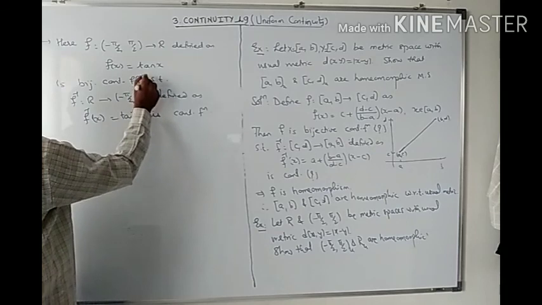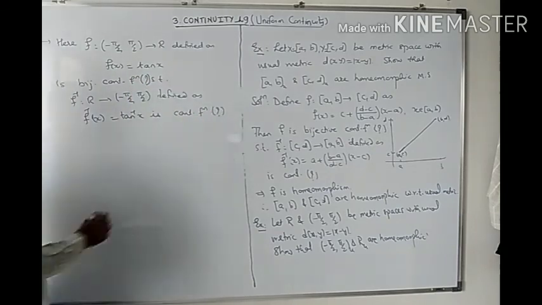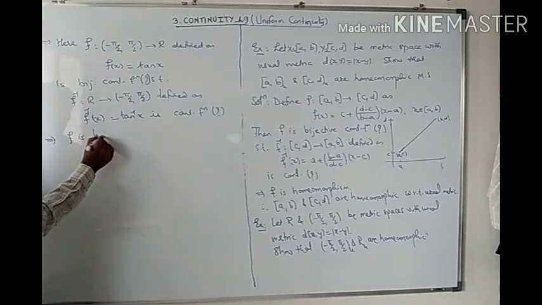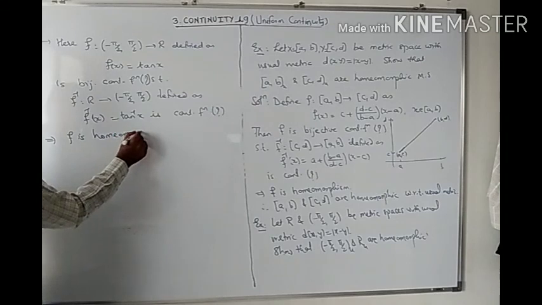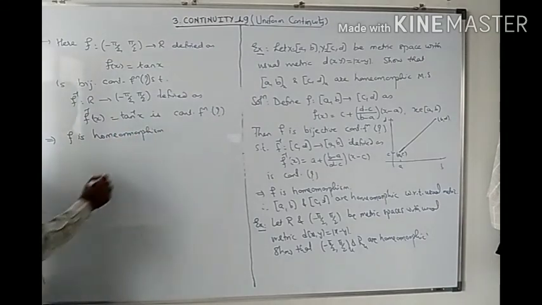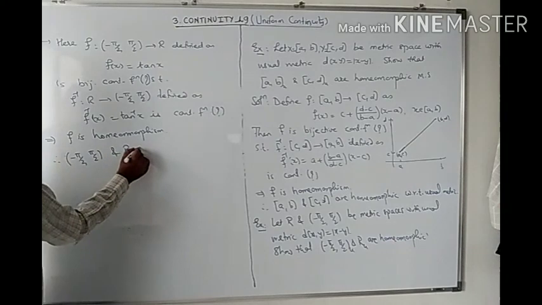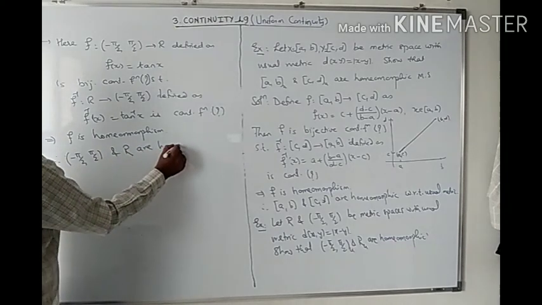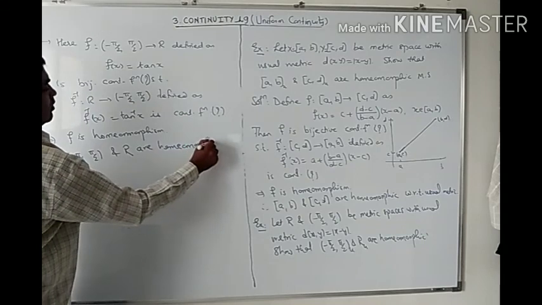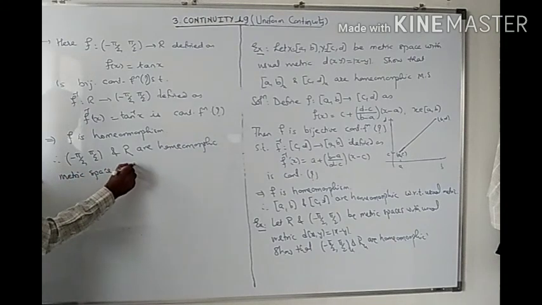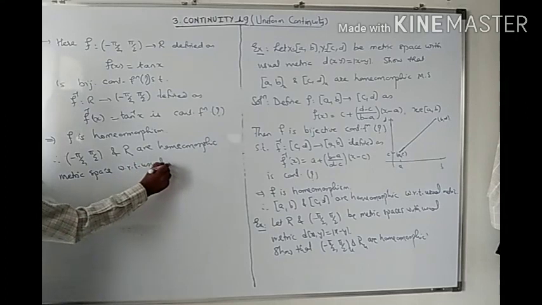Why this is bijective, you have to check and explain it. This implies f is a homeomorphism. And therefore the open interval (−π/2, π/2) and R are homeomorphic metric spaces with respect to the usual distance function.